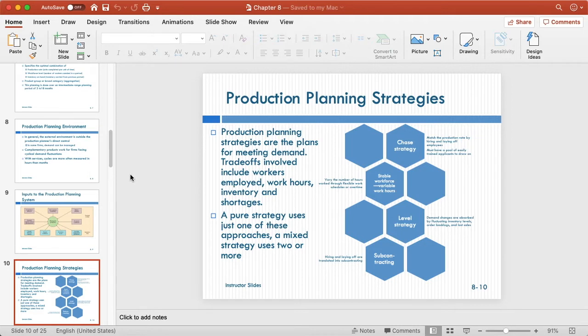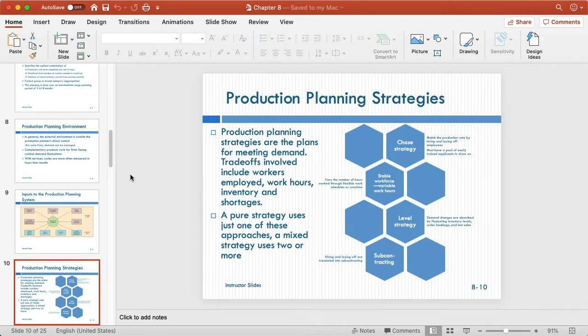Then they have to work sometimes less, sometimes more, depending on the market demand of the product. If you want them to work more than necessary, then obviously you need to pay them the overtime salary. So this is the trade-off within this strategy.